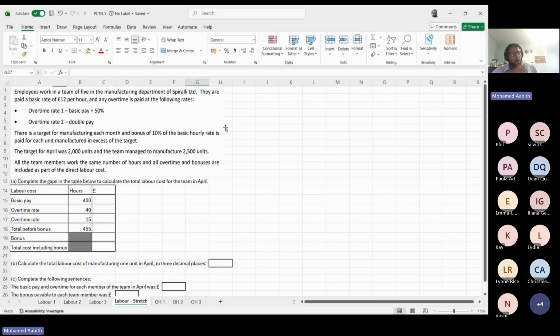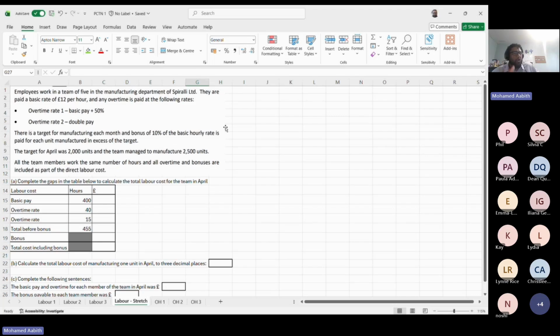So they're saying here all the team members work the same number of hours, and all overtime and bonuses are included as part of the direct labor cost. So if I'm going to look at it here, all the overtime and the bonuses are included as a part of the direct labor cost. What it says there, guys, that could be because it is a specific order.